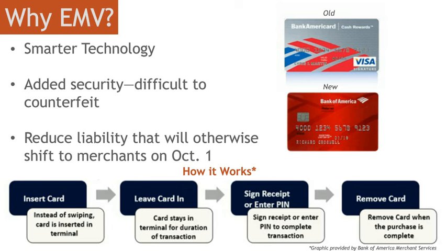You leave that card in there, and the chip in the terminal actually engages with the chip on the card. It validates that the card is legitimate and not a counterfeit, and it creates a one-time token that is then sent to the bank for authorization. And then the same things happen like any other transaction. You either sign a receipt or you enter a PIN, and then you are prompted to remove the card.